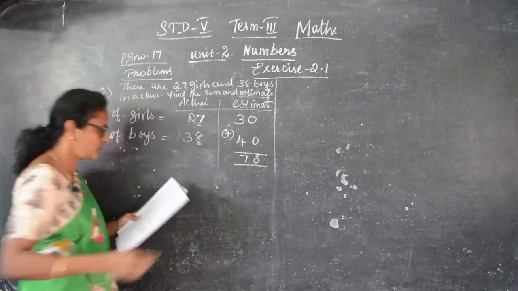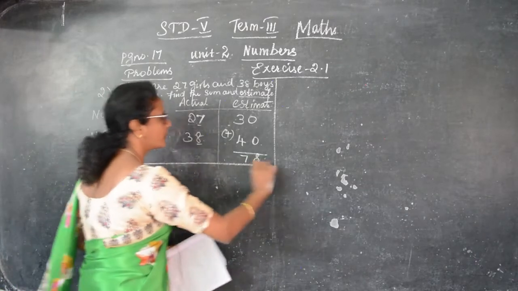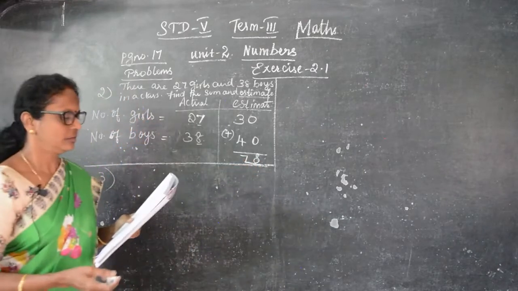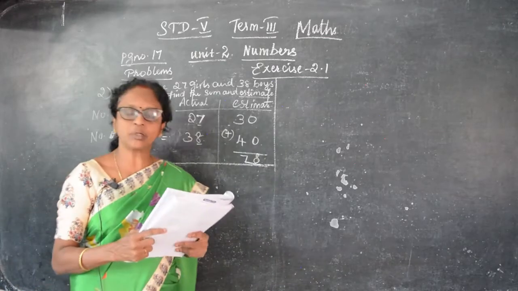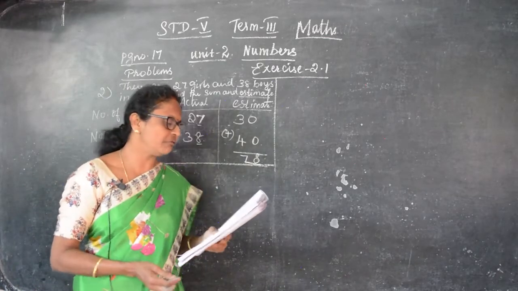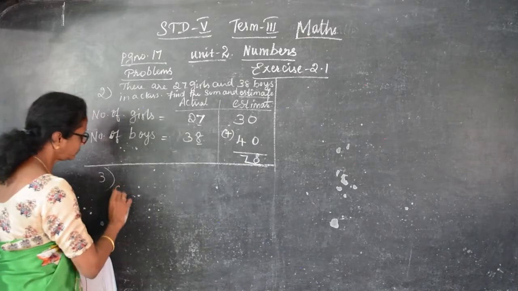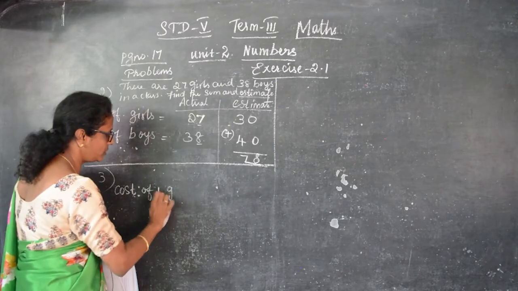Okay. The next one is: if the cost of the geometry box is rupees 53, and the cost of a notebook is 36, then estimate the cost to the nearest tens place and find the sum. So you have to write cost of a geometry box. Cost of a geometry box means one geometry box.